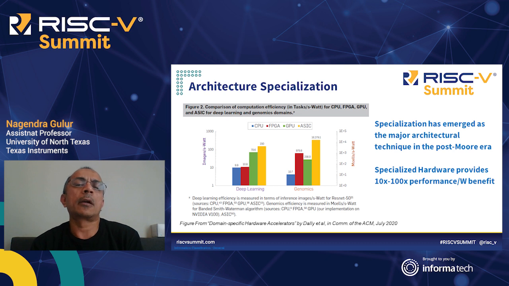You don't want to bake very specific constructs into your hardware, and you want to maintain the attraction of a general purpose programmable engine. In this context, we look at our tool essentially as a way to specialize a general purpose ISA. And of course, we're looking at RISC-V as the foundation for exploring such a capability.